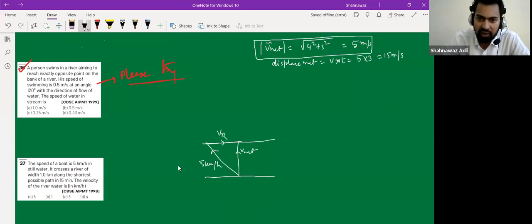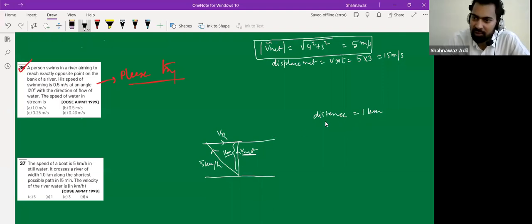Okay. Now it crosses a river of width 1 kilometer. So this distance is given 1 kilometer. Okay. And it is crossing this with what? 15 minutes. Okay. So what will be the speed here? So distance is given. It is 1 kilometer.